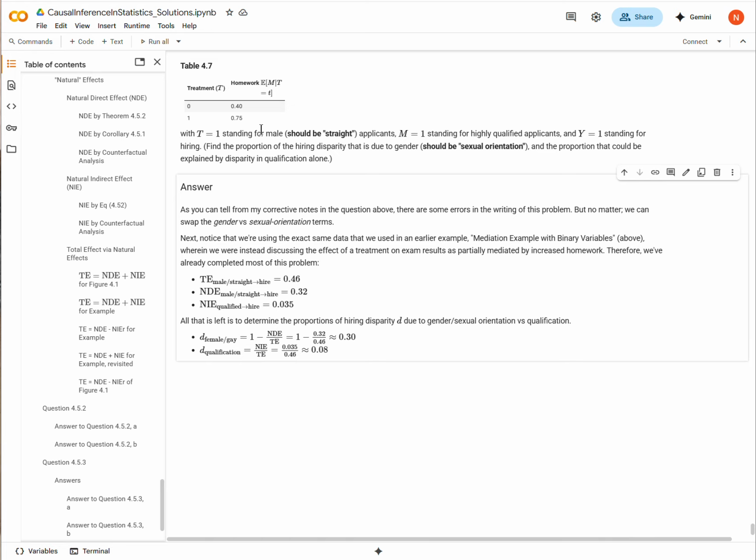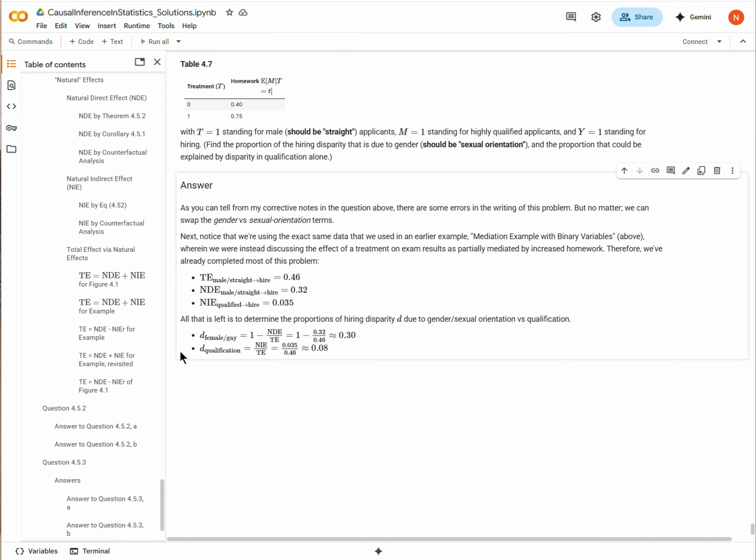According to this example, some of it is because of the difference in qualifications, but most of it, roughly 3 times as much, is due to actual discrimination. So I guess that is good, and that is the conclusion of all of these questions for this book. So take care.